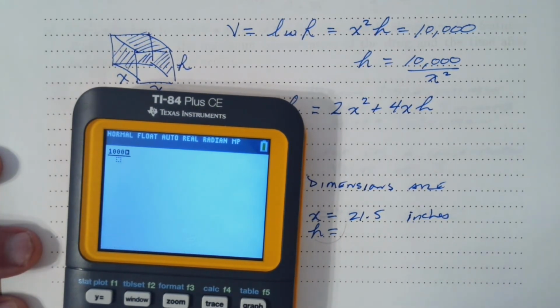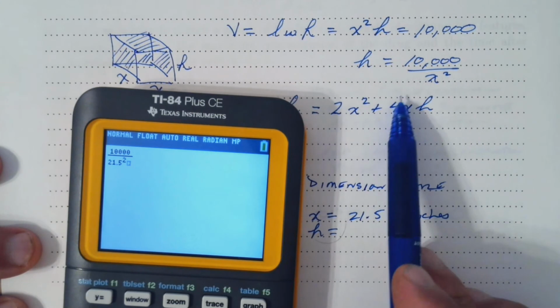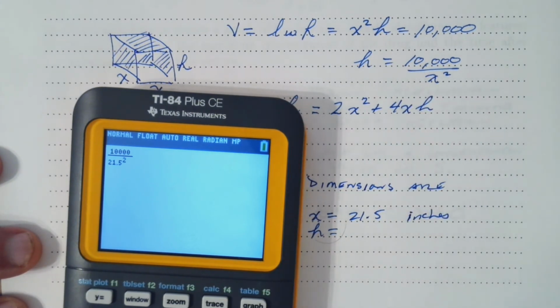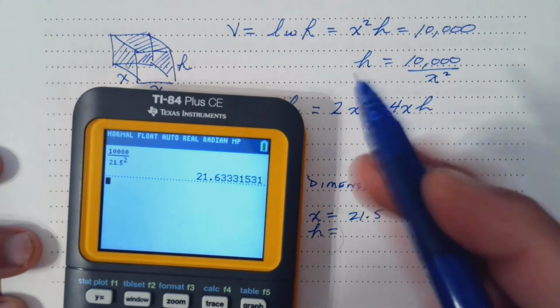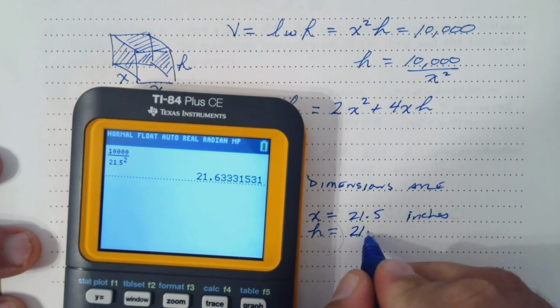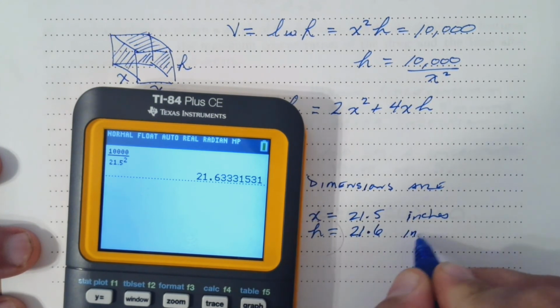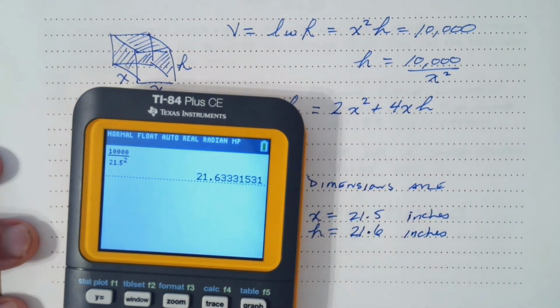It's 10,000 divided by x squared. That's our formula for h. So we look at that, and this seems to be about 21.6 inches.